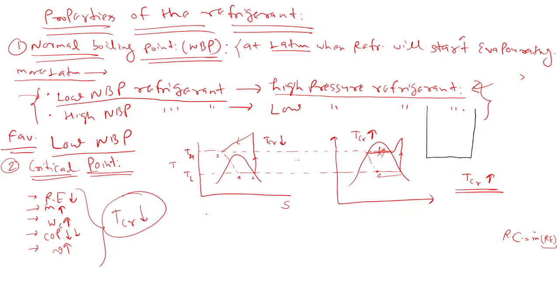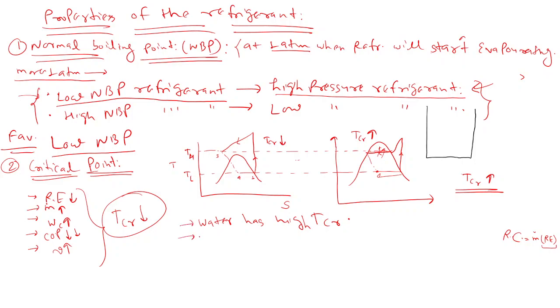So water is a very good refrigerant. Water has a high critical temperature because we are never going to reach that temperature for boiling. For the refrigerant, we have seen the condenser temperature is generally 40-50 degrees Celsius maximum, right? So a very high critical temperature for water.